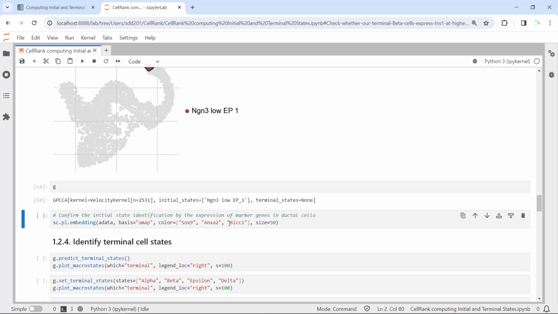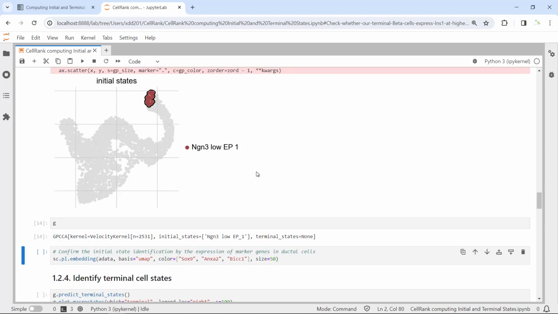If you watched my previous video tutorial, I mentioned that the progenitor cells also generate the ductal cells. The ductal cell cluster can be seen in the scVelo online tutorial, but this cell cluster was removed in the CellRank tutorial.